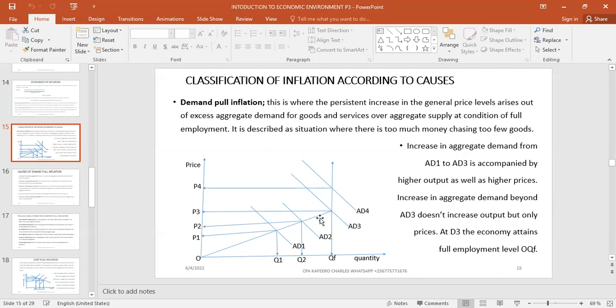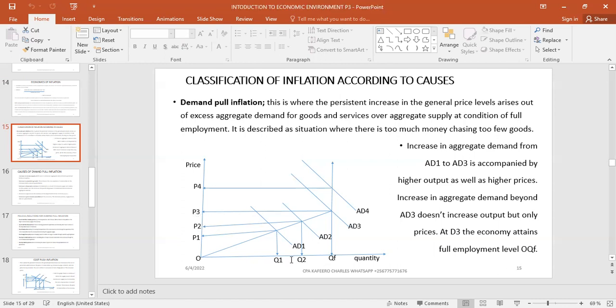And as a result, we expect that the prices are also increasing, because when the demand is high, the suppliers are going to be increasing the price a bit so that they can maximize more profits. As the quantity is increasing, the prices are also increasing from P1 to P3.